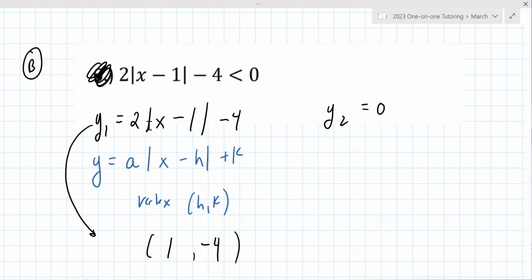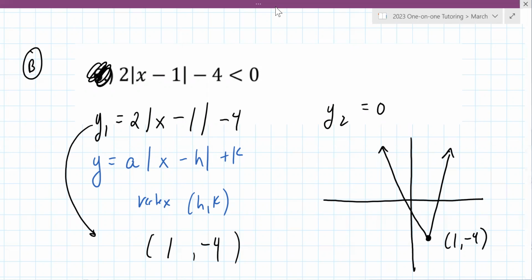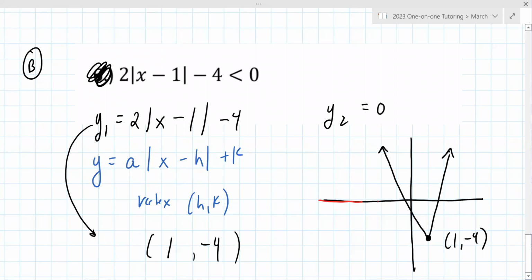Up. It opens up. So on that awful graph they give you, you have to roughly identify that point, and this is where I'm not sure how accurate you need to be, but you want to show that it does open up like this. Y2 is the 0. So it's y equals 0.